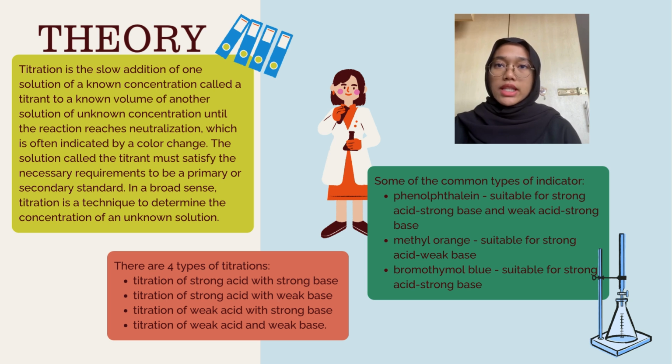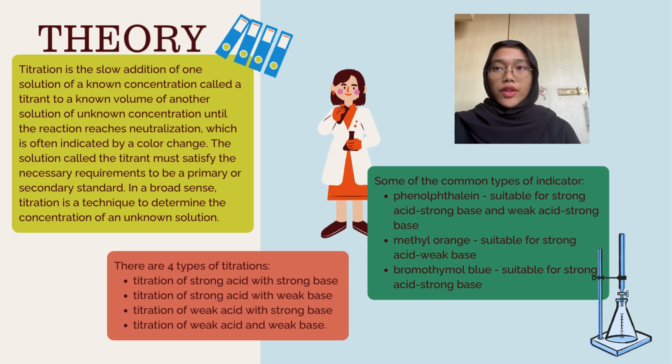In a broad sense, titration is a technique to determine the concentration of an unknown solution. There are 4 types of titrations: titration of strong acid with strong base, titration of strong acid with weak base, titration of weak acid with strong base, and the last one is titration of weak acid with weak base.